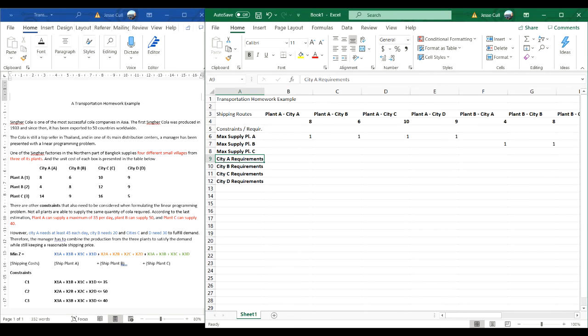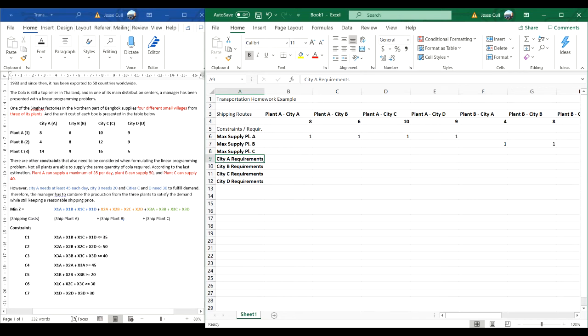So our first three constraints are taken care of. Let's go down a little bit on our page to our requirement constraints.